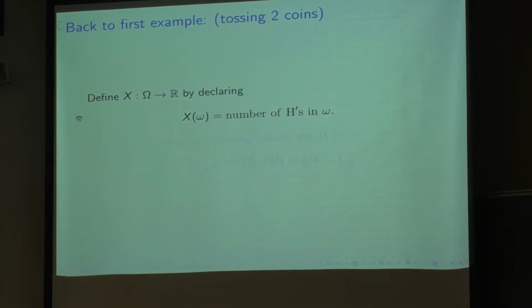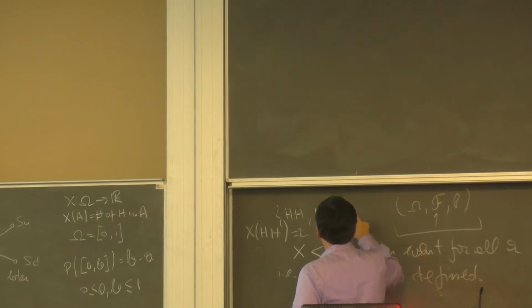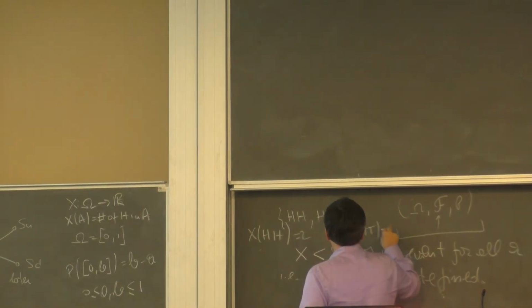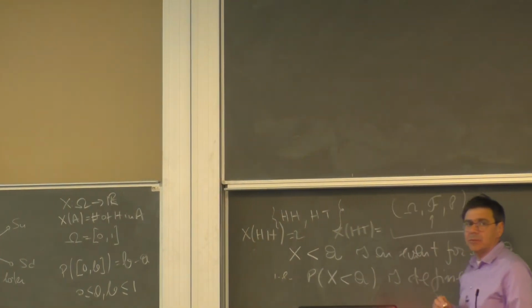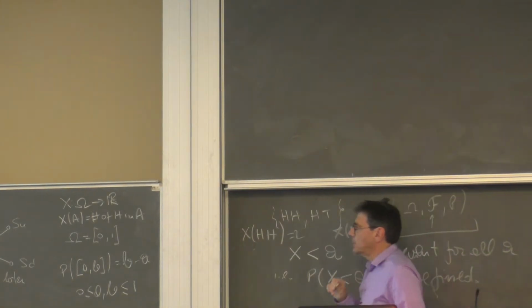X of HH, right? HH is an element in omega. It's an outcome of the experiment. This is 2. And x of HT, which is another outcome of our experiment of tossing two coins, is going to be 1. Okay, so that's a function.